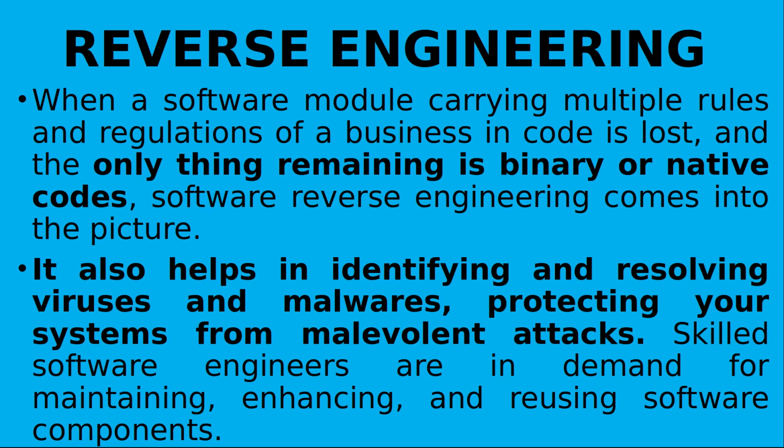It also helps in identifying and resolving viruses and malware, protecting your system from malevolent attacks. That means we take the machine code, so we can easily identify the virus and malware and protect our system. So reverse engineering is also used for virus and malware attacks.